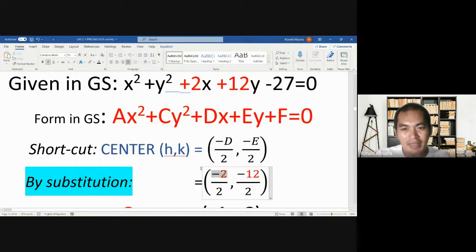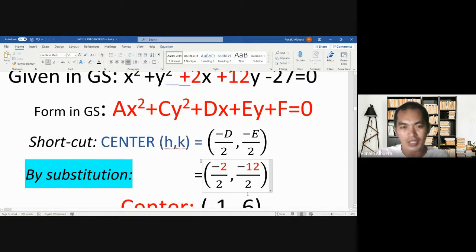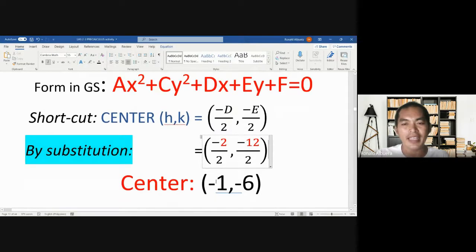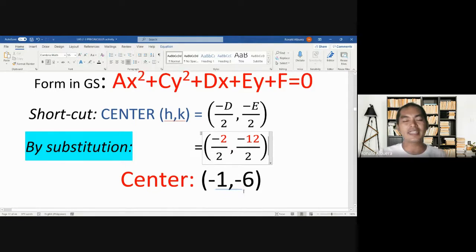So we have negative 2 over 2 and negative 12 over 2. And when we simplify, we have negative 1 for x and negative 6 for the y coordinate. Then our center of the circle has a coordinate of (negative 1, negative 6).